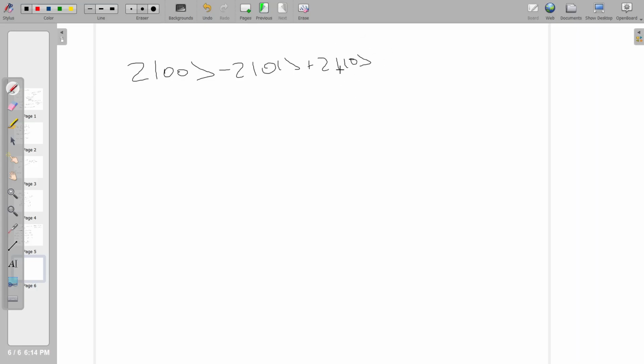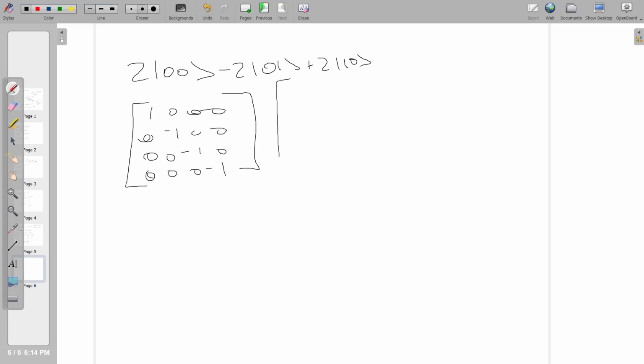We don't know it yet, but this is our solution state. So now we have our matrix, which we know is 1, negative 1, negative 1, negative 1, 0, 0, 0, 0, 0, 0, 0, filling the whole thing out. And we're applying it onto our state, which is 2, negative 2, 2, 0, unnormalized.